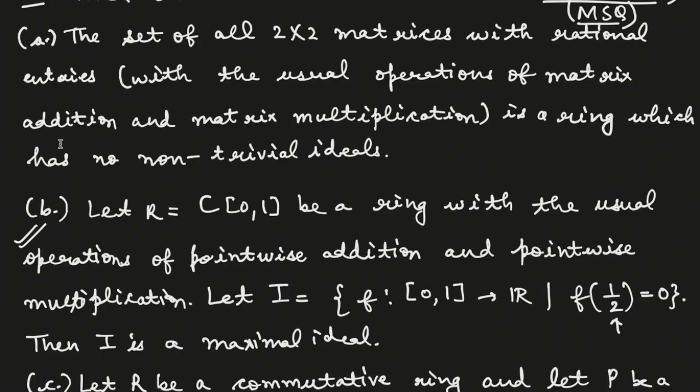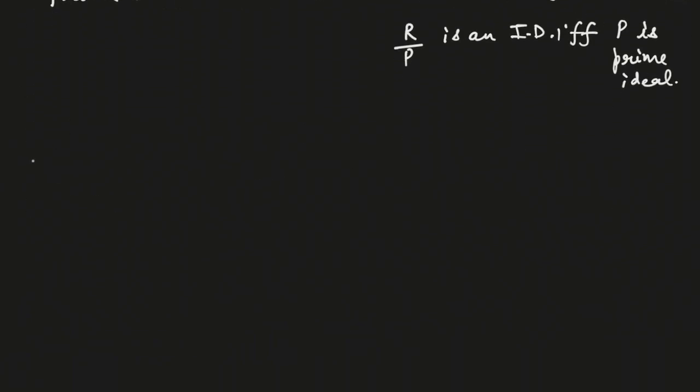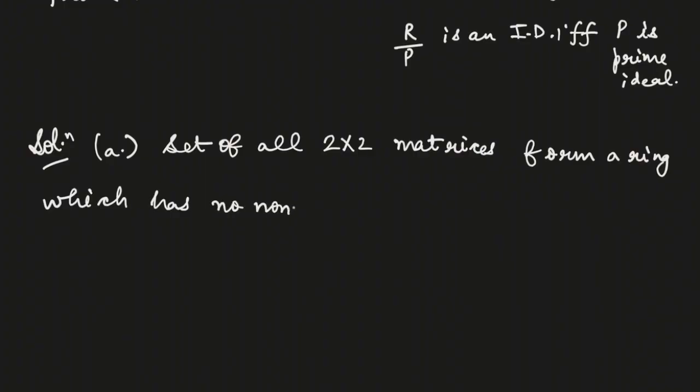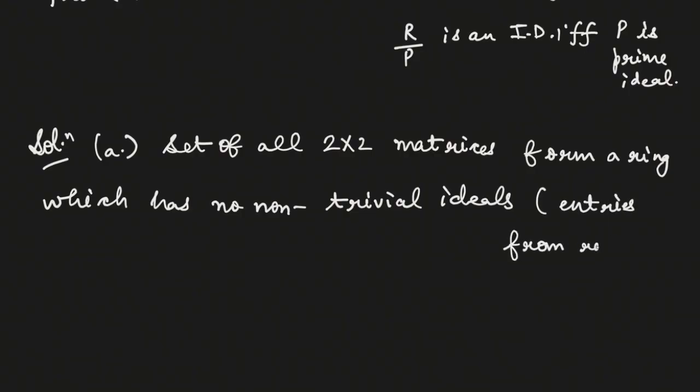And A part: the set of all 2 cross 2 matrices forms a ring which has no non-trivial ideals, and the entries of these matrices are rational.